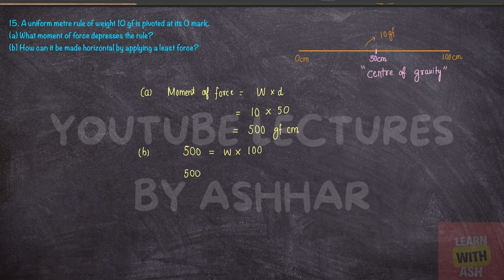So 500 divided by 100 is equal to the weight. Therefore, the weight is nothing but 5 gram force. So what I can say is that by applying 5 gram force upward at the 100 centimeter mark.